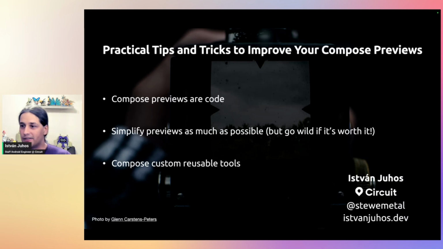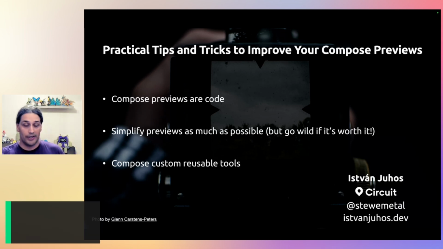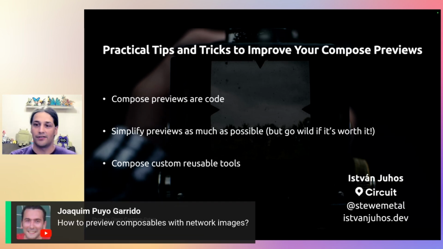Next question, I see it on YouTube. How to preview composables with network images? Great question. In fact, any kind of image loaded from somewhere. Network loaded images. First thing that comes to my mind is that for previews, you can use the isInEditMode composition local, and that can tell you if your composable is rendered inside the preview tooling or not.